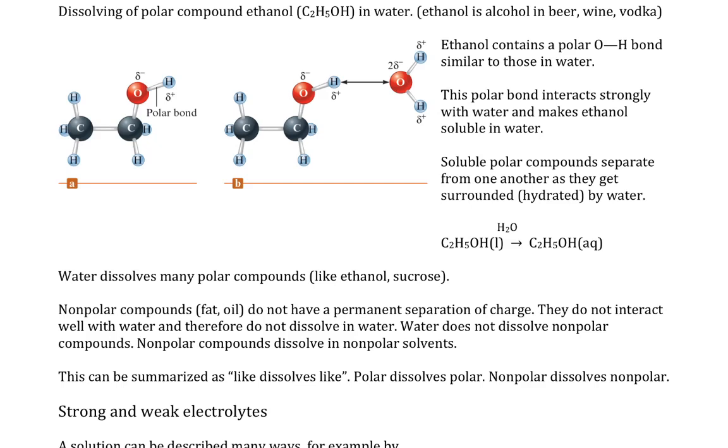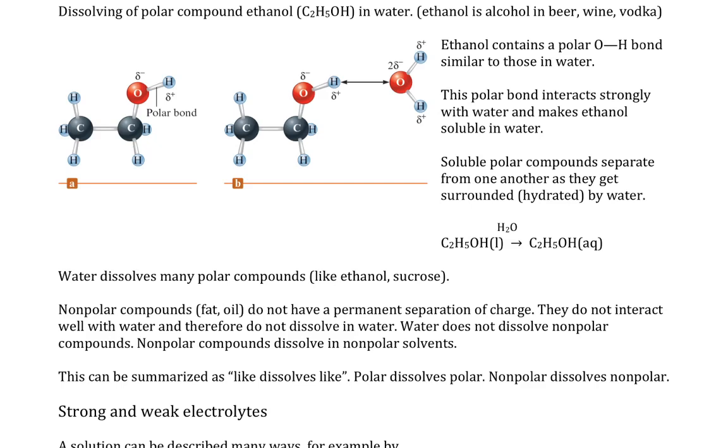And think about that. Have you ever seen a separate liquid layer in beer or wine, or a stronger drink like vodka? No, it's all dissolved in the water. Soluble polar compounds separate from one another as they get surrounded or hydrated by water. So we could symbolize ethanol dissolving in water as we are seeing here.